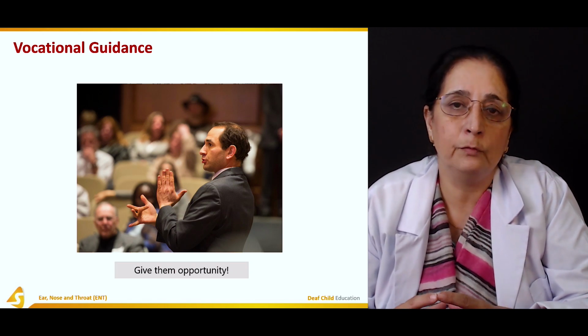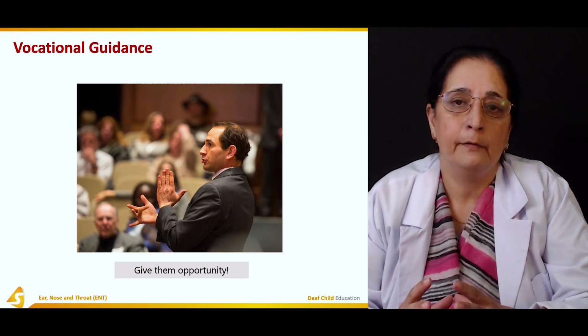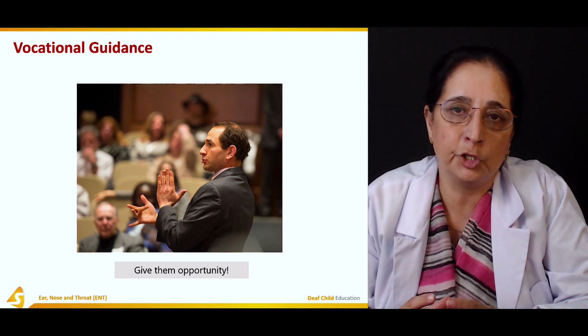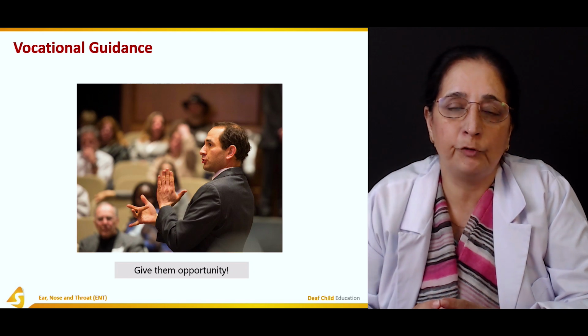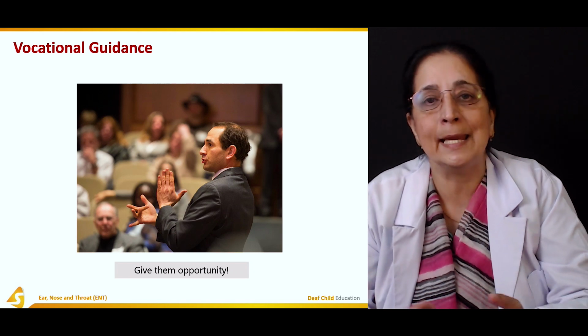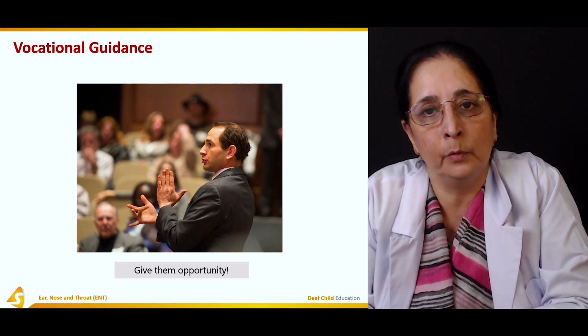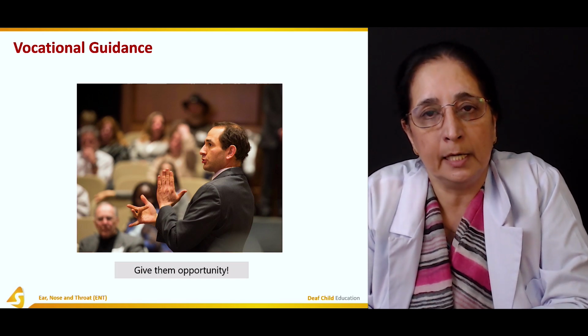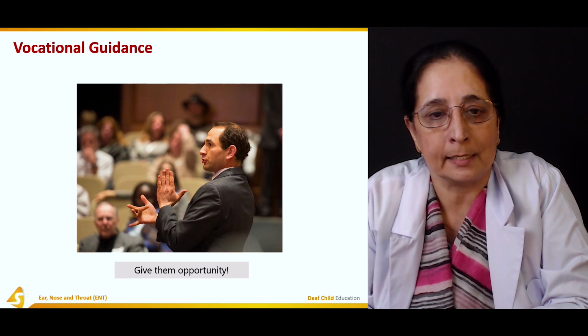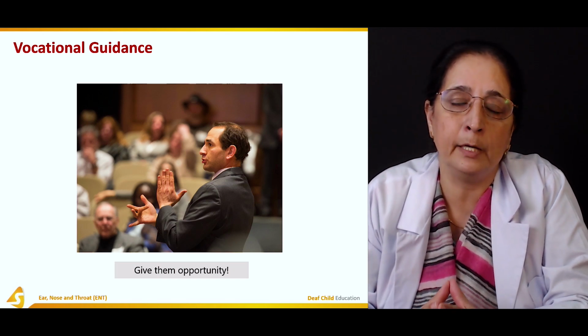We should have vocational institutes where these children are trained with some skills they can do, so they can be a better human being for society, and they should not be neglected. So vocational guidance is very important.